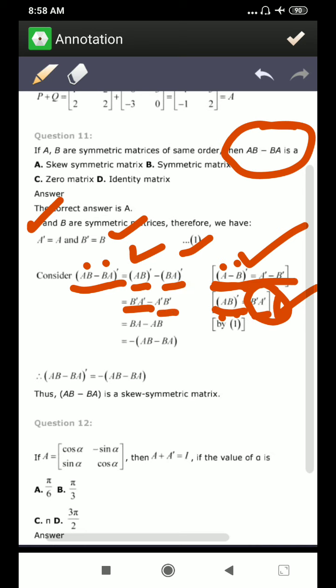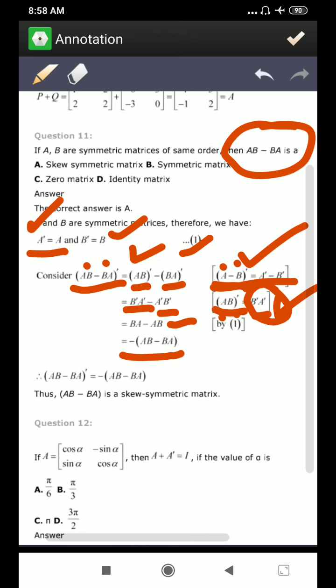But what is given? A transpose can be replaced by A and B transpose can be replaced by B. So we are replacing B transpose into A transpose as BA and A transpose into B transpose as AB, because it is given in the question. I can take negative sign common. So it is minus of AB minus BA.